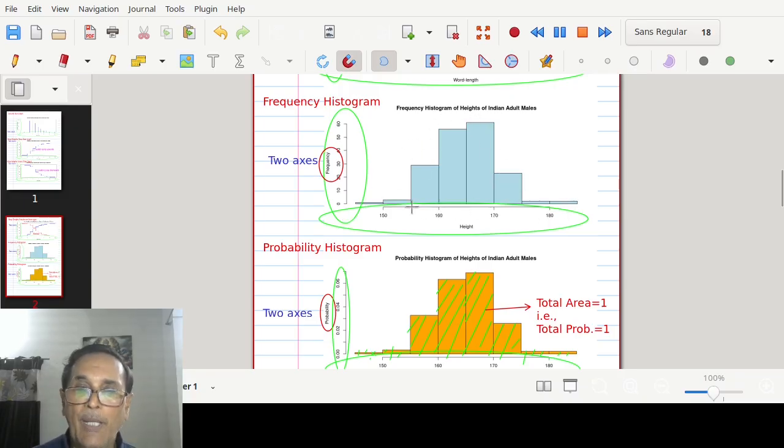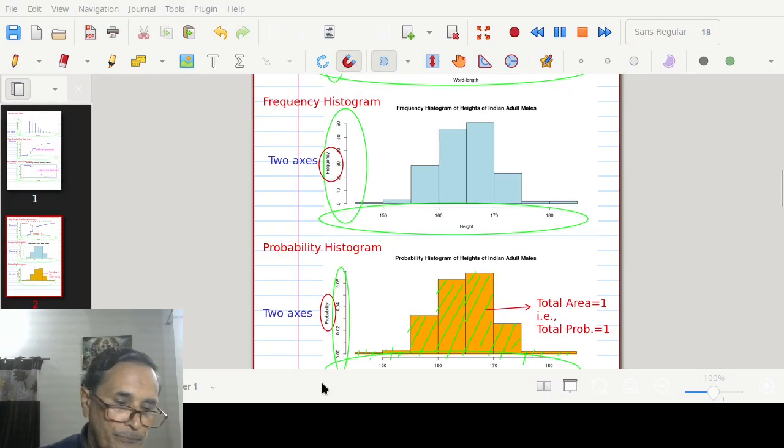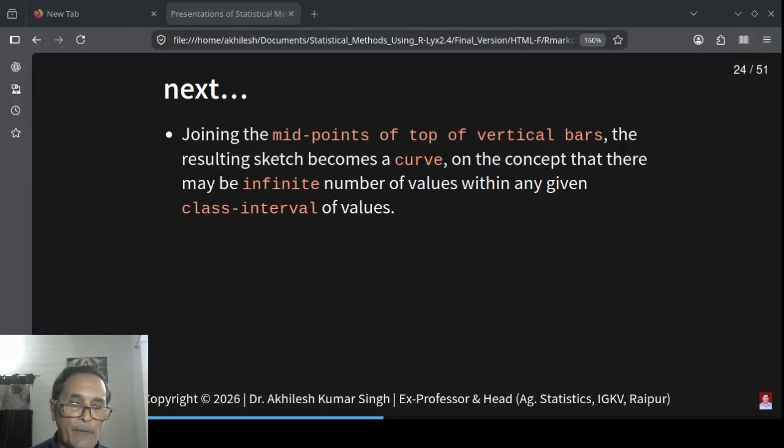But if we reduce these class intervals infinitely, the joining lines in the sketch will tend to become a curve. This is the concept behind the frequency curve. I'll come to it a bit later. Okay, coming back to our presentation.